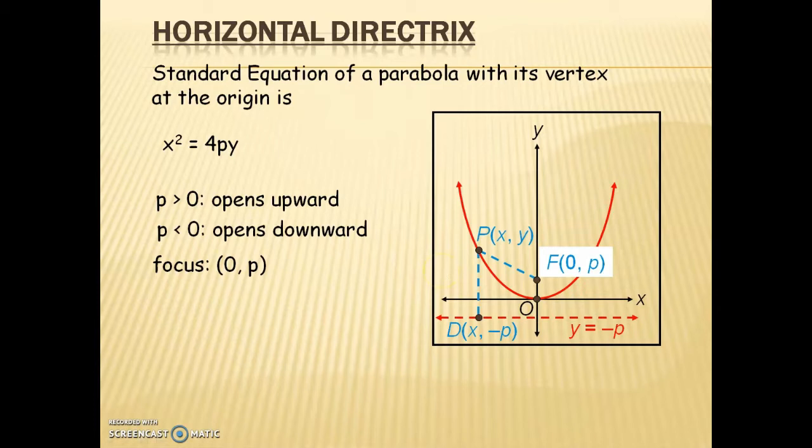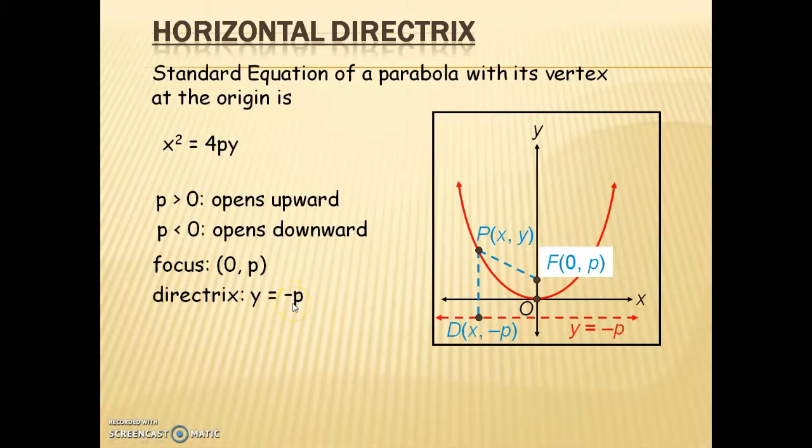Now let's talk about directrix. From this graph, the line of directrix is y equals negative p. The line of directrix is horizontal. If it's a horizontal directrix, the equation of the directrix is always y equals a number, or y equals negative p when it opens upward. But remember, if the parabola opens downward, the line of our directrix becomes y equals positive p.